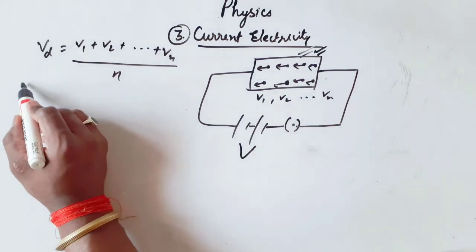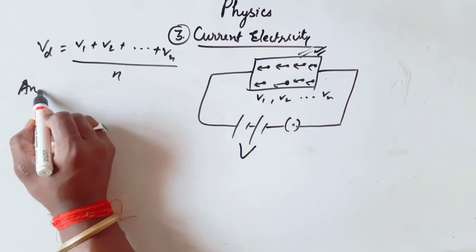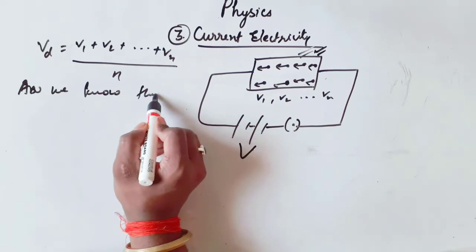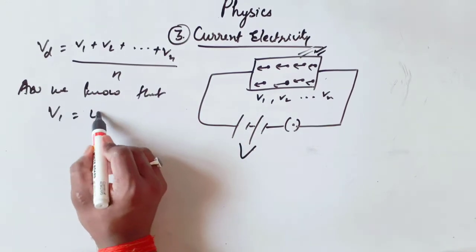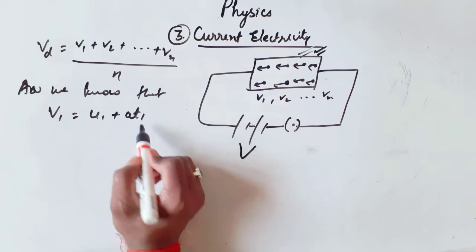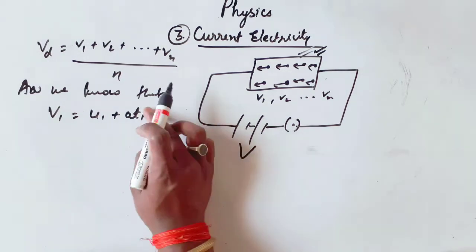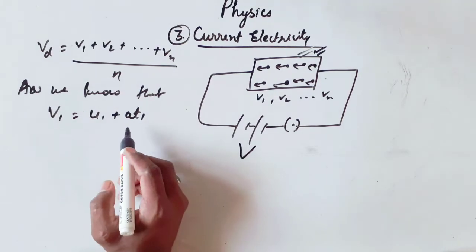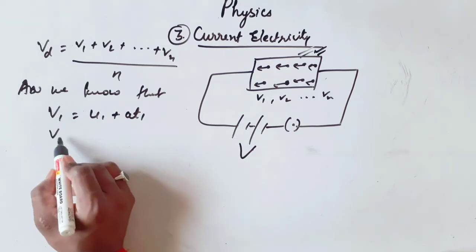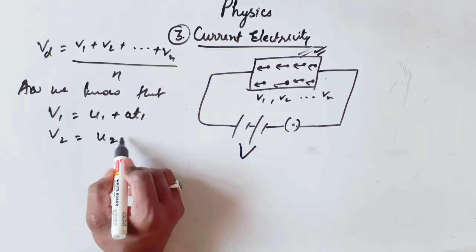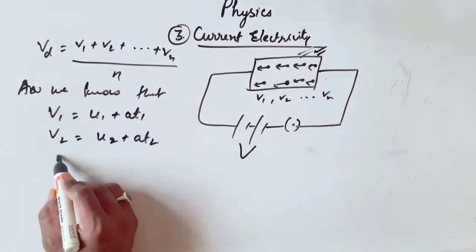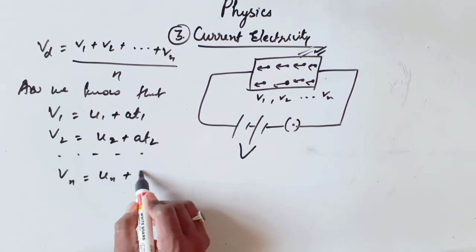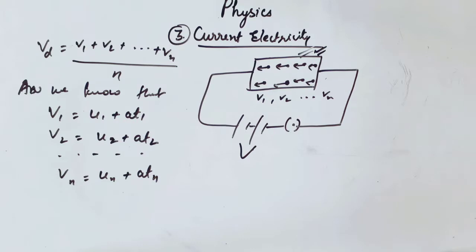So as we know that v1 is equal to u1 plus a t1, according to the first equation of motion. v2 can be written as u2 plus a t2, and similarly vn can be written as un plus a tn.